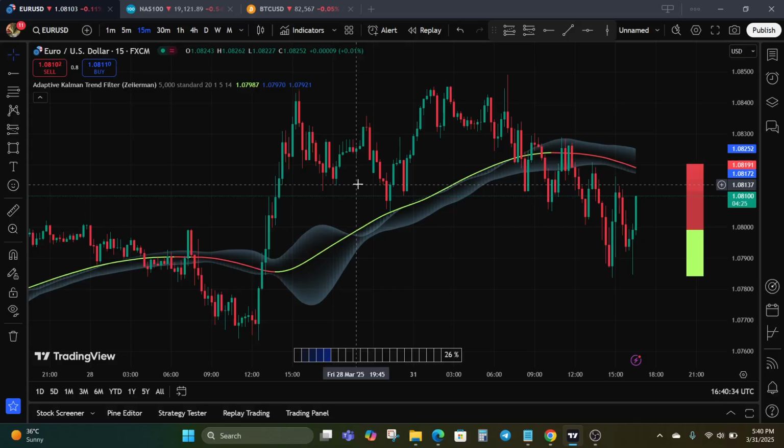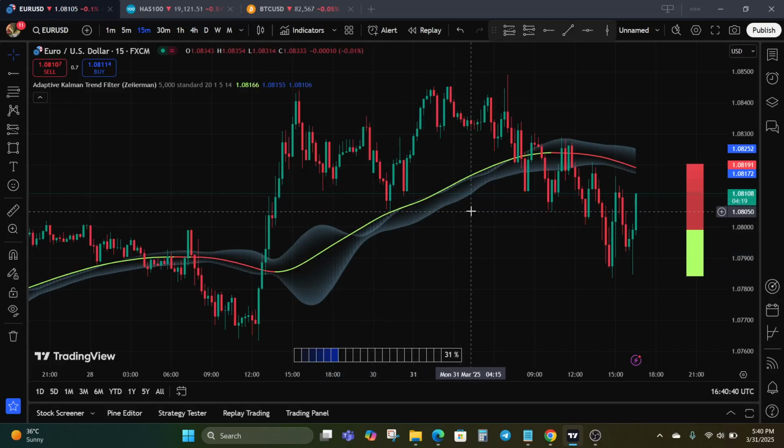Okay, let's just jump straight into it. What is the Adaptive Kalman Trend Filter indicator? This indicator is quite a powerful tool that smooths price action while dynamically adapting to market conditions. It is designed to filter out unnecessary noise, making it easier to spot real trends without being misled by short-term fluctuations.